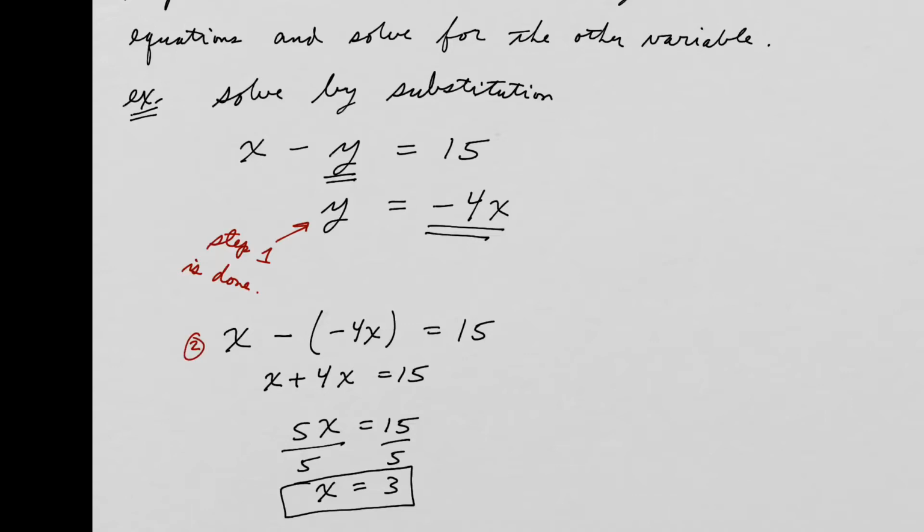Step 1 is done. This was step 2 where I substituted in. And then step 3 was plug x equals 3 into either equation and solve for the remaining variable, which in this case is y.